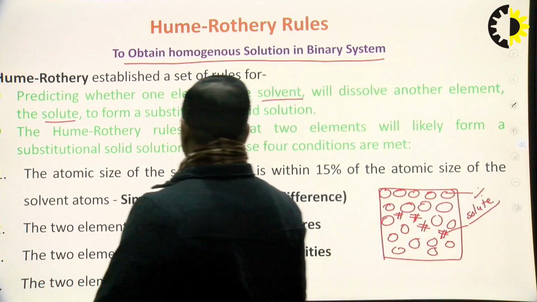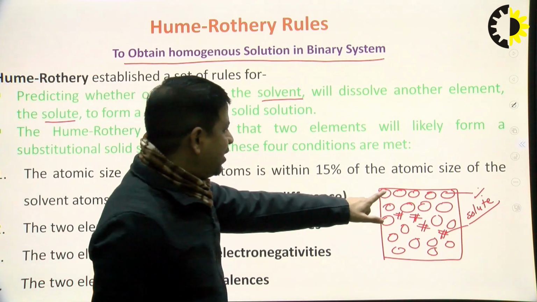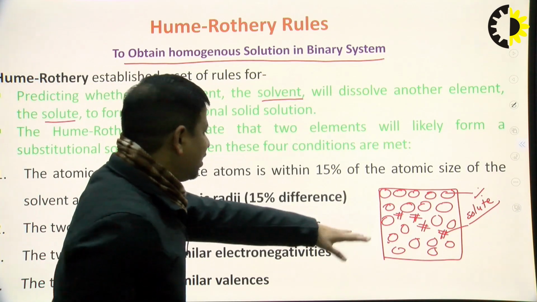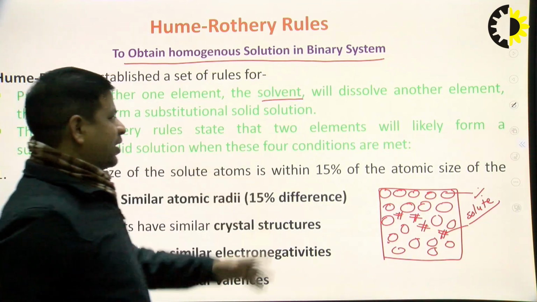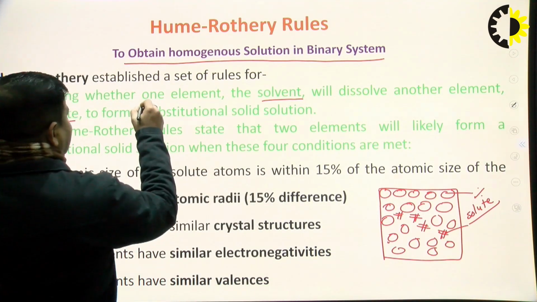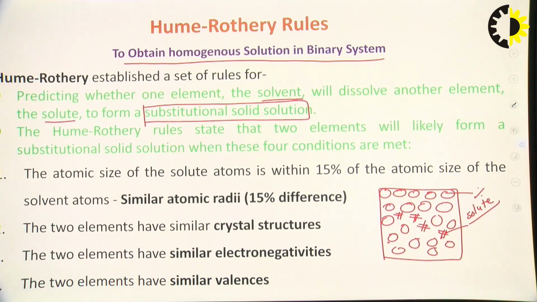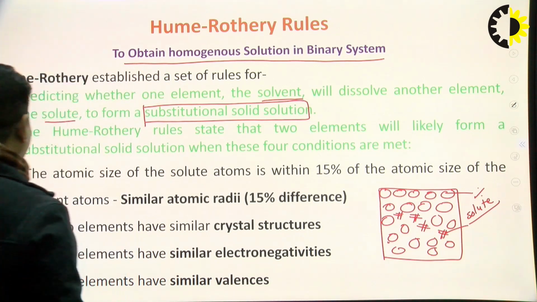So this is known as the solute. What we are talking about here is a prediction where one element, known as the solvent, that I have made here through a circle, is going to dissolve with another element known as the solute. Basically they are going to form a substitutional solid solution, and this substitutional solid solution should be homogeneous. For that particular purpose only we are applying this rule.